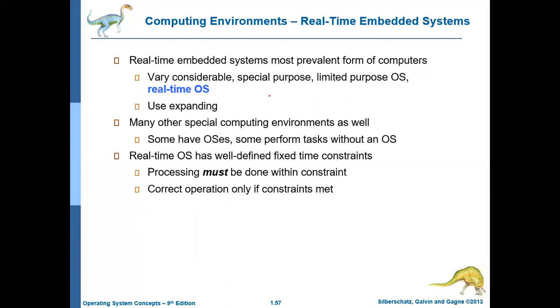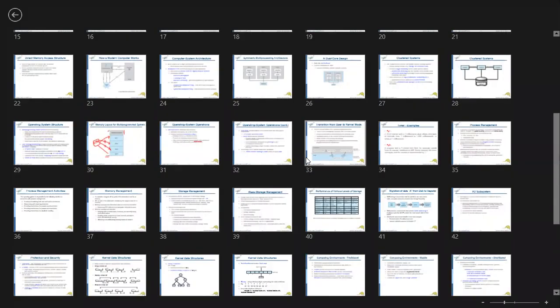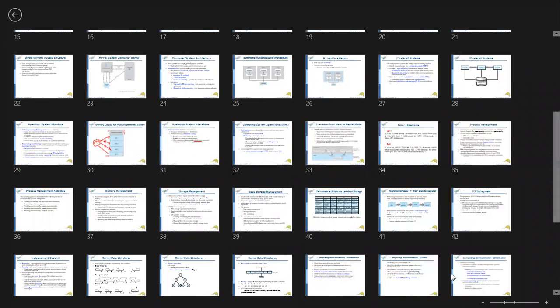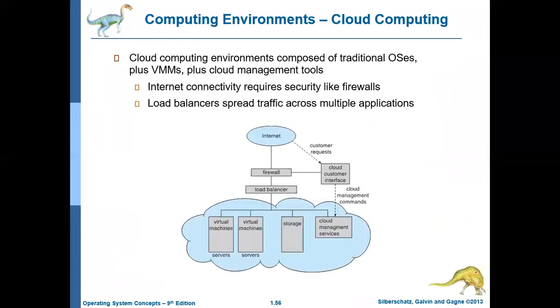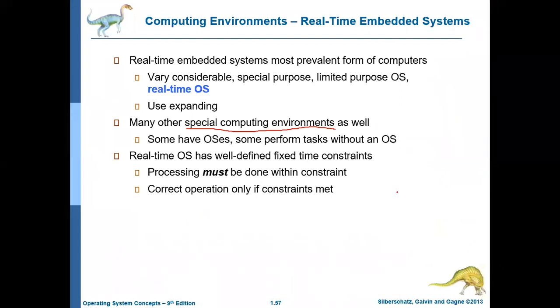That is, they are designed to work for a specific task, and they run time constraint applications. That is, within a given time, the task should be completed. Otherwise, it will lead to some mishap.